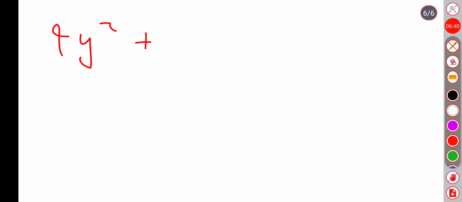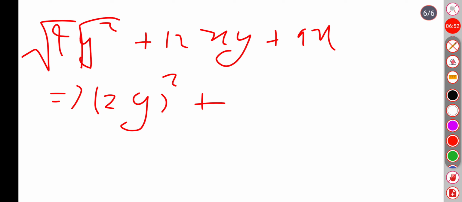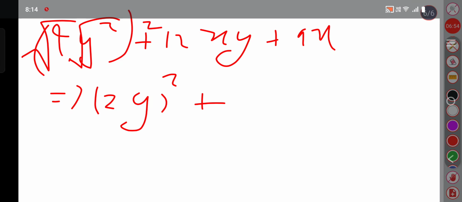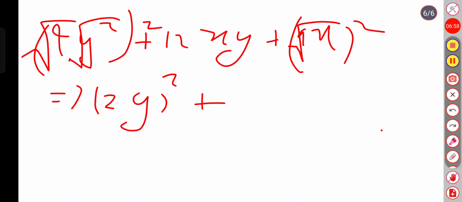So we can write 4y square plus 12xy plus 9x as 2y the whole square, finding the square root of 4 and the square root of y and then whole squaring it, and same goes here.